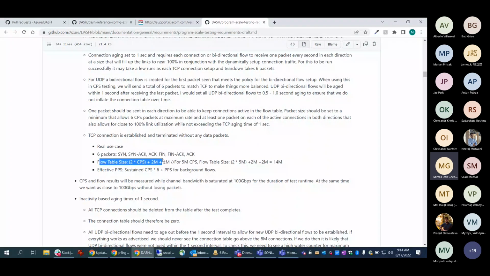Flow table size. You need to have 14 million flows, or 7 million, depending on whether it's bidirectional or not. It's calculated as 7 if you have both directions, or 14. So this is what I'm talking about. Flow table size: I need to see in your flow table, the device flow table, 14 million flows.